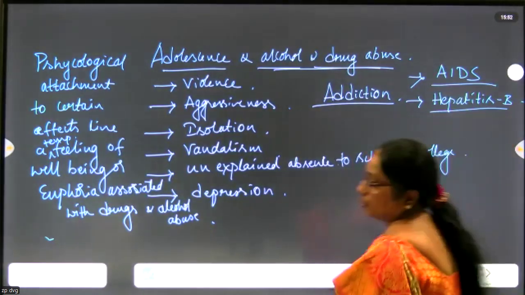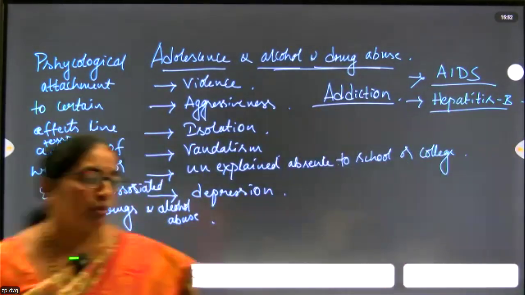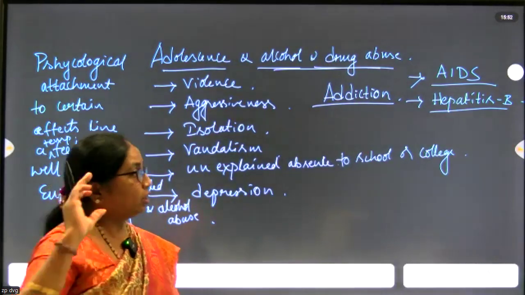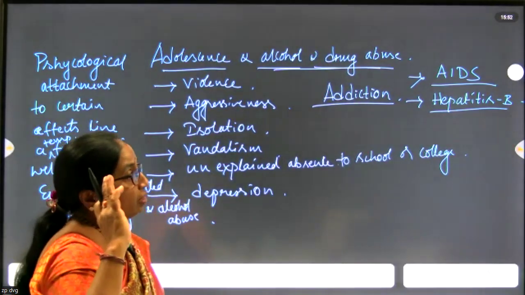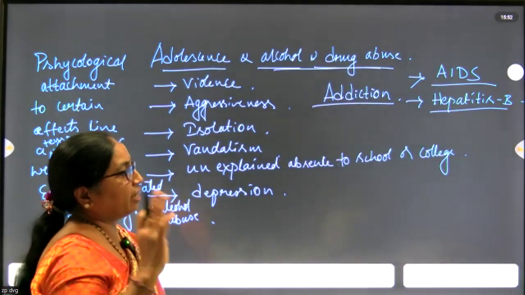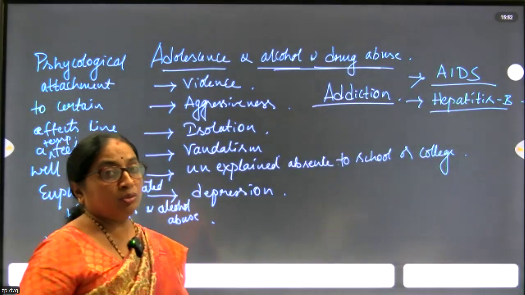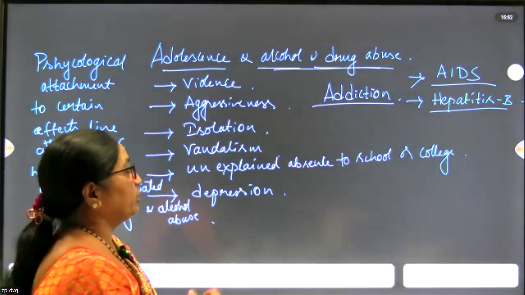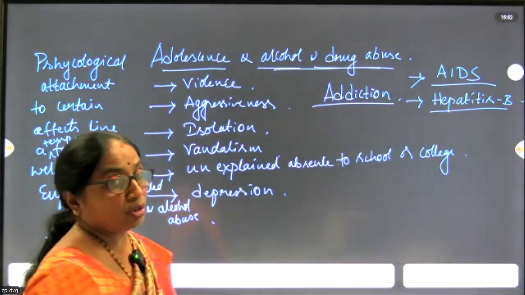When the person is abusing alcohol or drugs, he is not in his own senses. When he is not in his own personality, he will not know what is good and what is bad, whether he is following the right path or the wrong path.